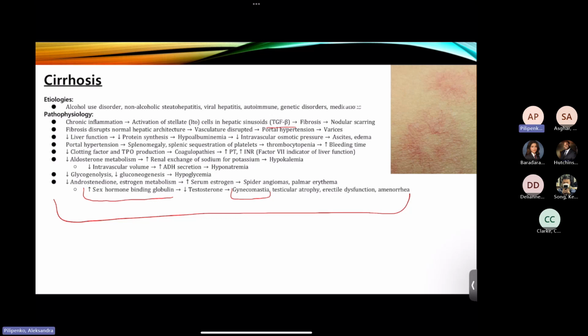Okay, so remember that the liver also deals with estrogen, right? It metabolizes estrogen. But if it's not working well, it's not going to be able to metabolize estrogen. And then the binding globulins basically would decrease the testosterone, and the male with cirrhosis would present with gynecomastia and all of the other presentations.